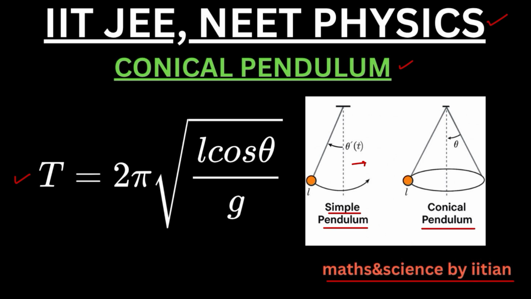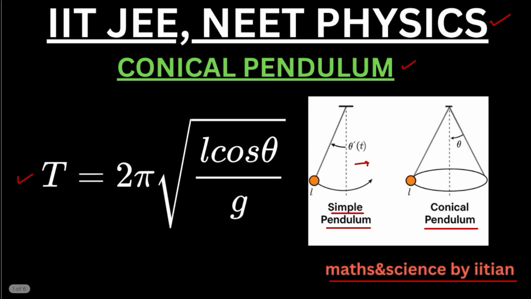When a mass m makes motion in a vertical circle and when a mass m moves in the horizontal circle, what will be the difference?